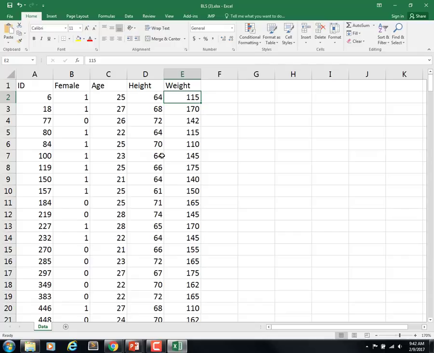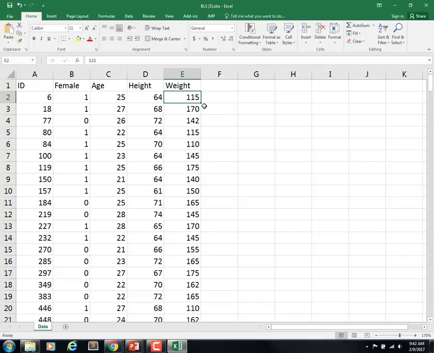So probably the most logical or immediate thing that we could think of is that the taller a person is, generally the more they weigh. So we're going to say weight is affected by height. So we would think that the bigger the number height is, the bigger the number the weight is. So there'd be some kind of upward trend that would go that way, an upward pattern.